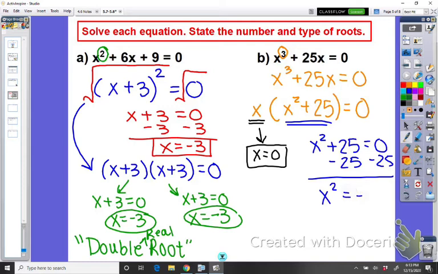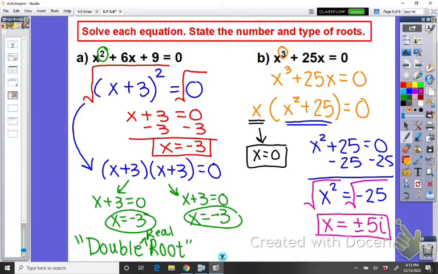x squared equals negative 25. Unsquare it, so square root. And like we learned previously, the square root of a negative is an imaginary number. So this is plus or minus 5i. So square root of 25 is 5. The negative underneath the radical sign is an i, and then you need plus or minus. So what do we have?